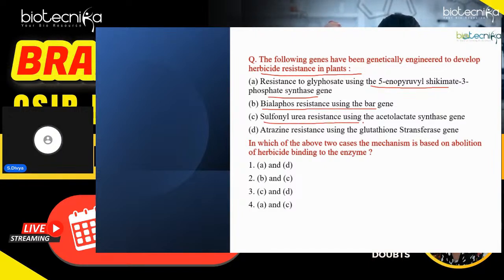Sulfonylurea resistance using the acetolactate synthase gene, and atrazine resistance using the glutathione S-transferase gene. So you have to identify the two cases of mechanism that are based on abolition of herbicide binding to the enzyme. The correct combination over here.